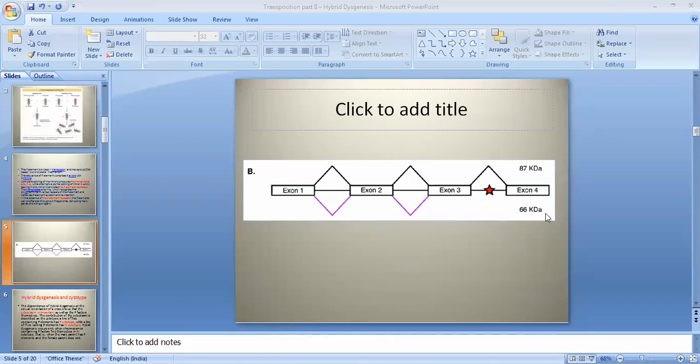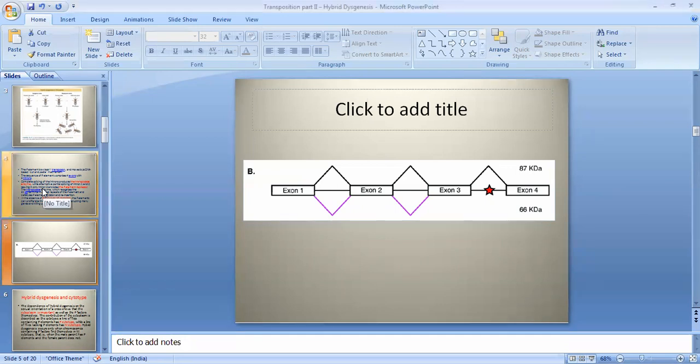But here this is not actually an inactive protein. The smaller protein also has a role to play. You will find it interesting how it plays a role in repression of transposition.